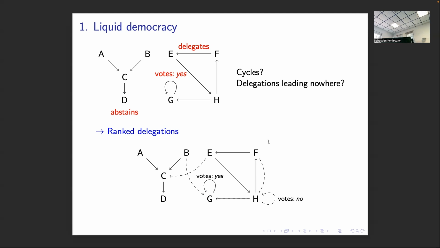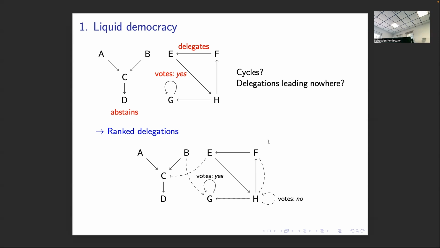So here, A's vote is still lost, but B's vote is not lost here, because if B delegates to C, C delegates to D, and D abstains, this is lost. But then we can use this second rank delegation.